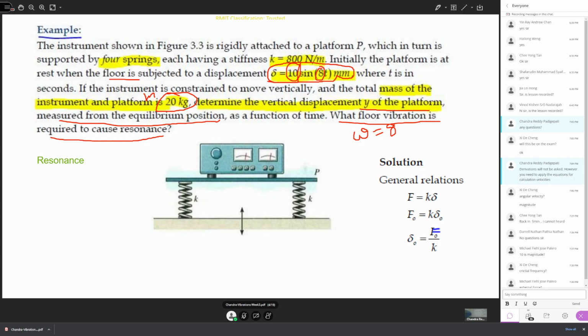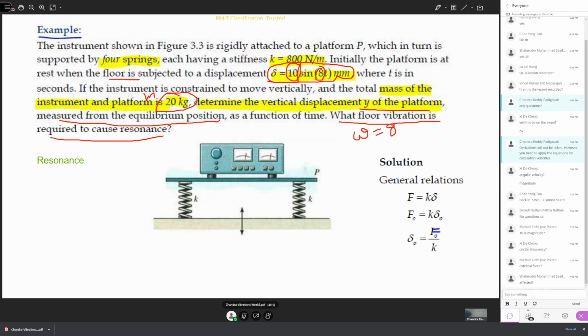Okay. All right. So, guys, what is resonance? Anyone? What is affected, Shafruddin? No idea? No? Zakaria, no?